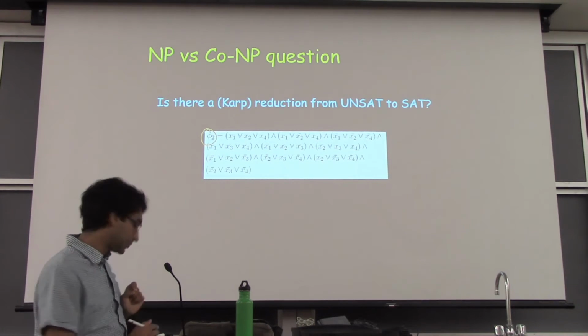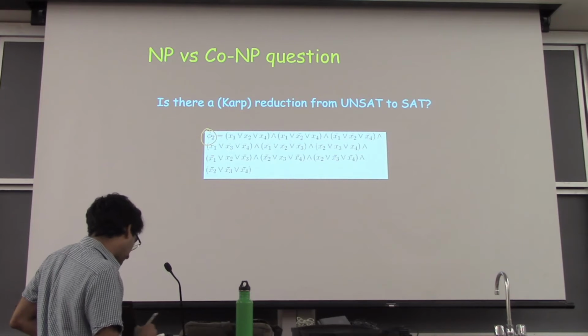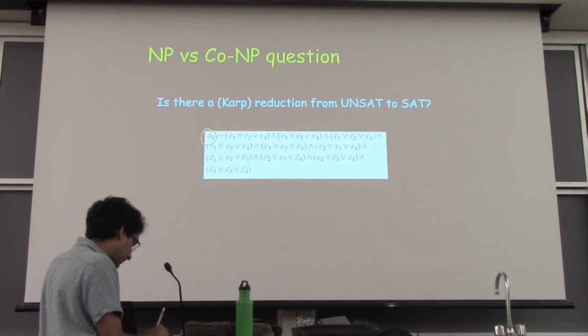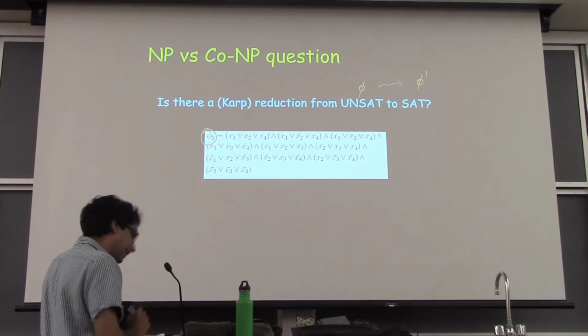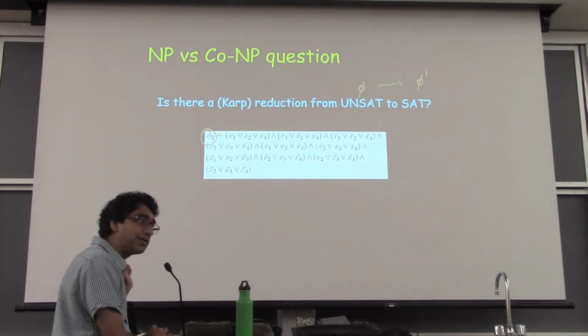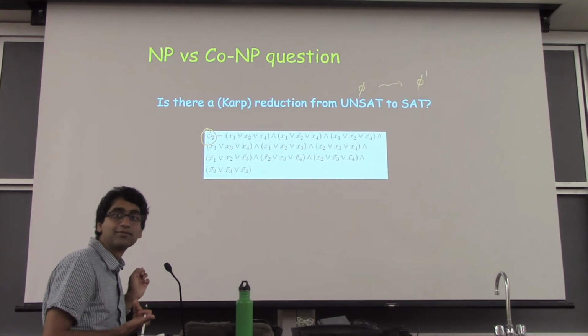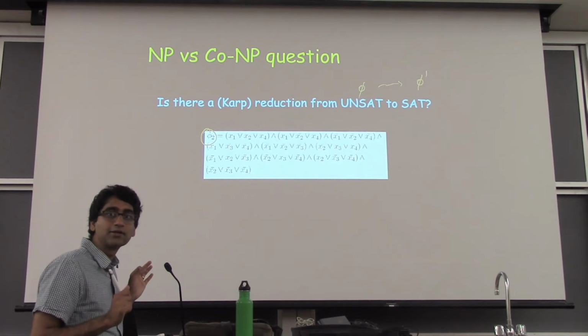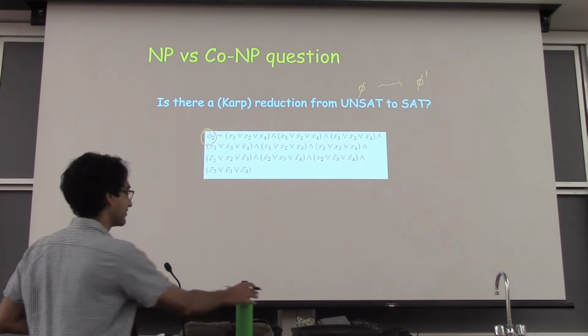We are given an instance of UNSAT, and we want to come up with an instance phi prime of SAT, such that the answer to phi prime for SAT is exactly the same as the answer to phi for UNSAT. Is the question clear? Maybe you should think about this for a minute before you ask questions.